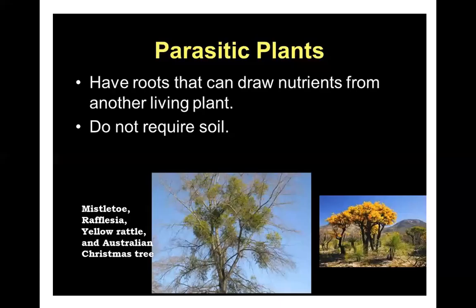Next is parasitic plants. Some plants steal food from other plants. They are called parasitic plants. For example, the mistletoe is a green parasite with green leaves.